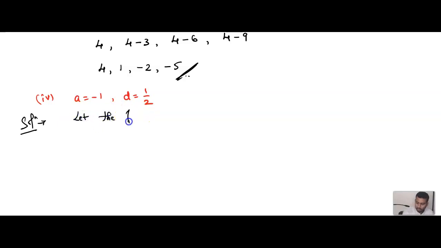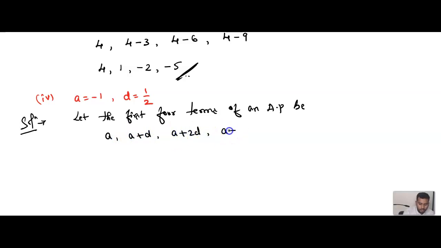Let the first 4 terms of an AP be a, a plus d, a plus 2d, a plus 3d. Correct? Now what is the value of a?